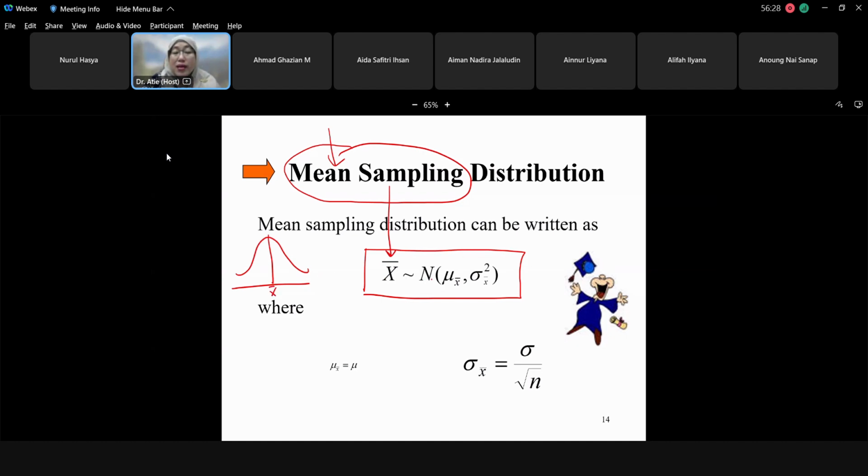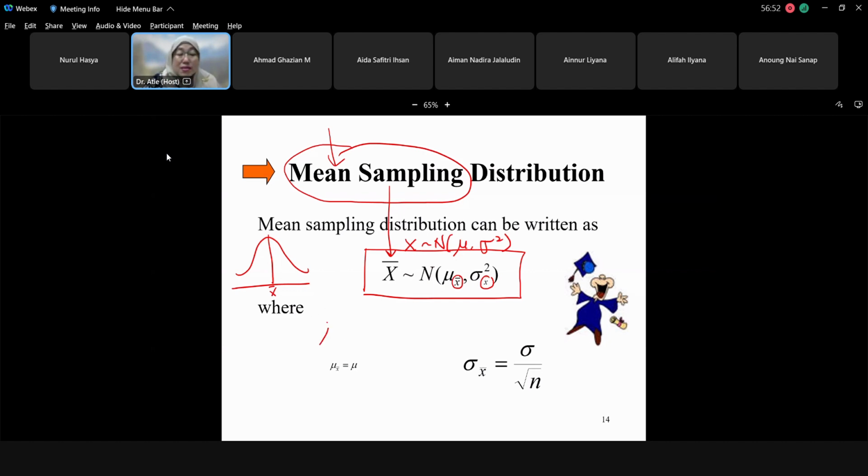And then n is the number for the sample. Before, we just had X and mu and sigma square. It's actually the same thing, but we want to differentiate between population and sample. So that's the reason we add X bar here, to tell us this one is for the sample distribution.